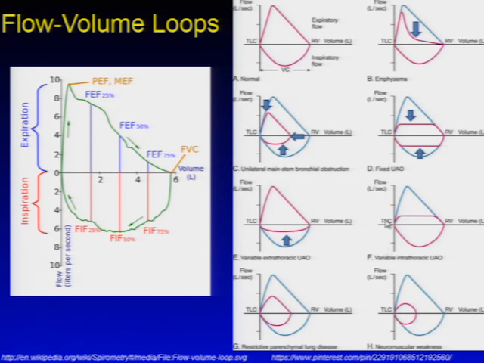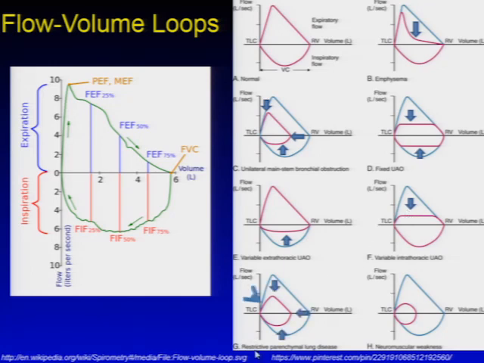On the other hand, if you have a variable intrathoracic lesion, you may see the decrease of the expiration flow while the inspiration flow is preserved, because the variable intrathoracic obstruction can be worse with the positive pressure applied in the lung tissue at the time of expiration.